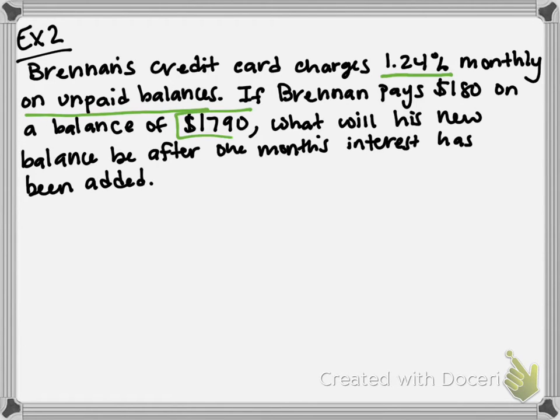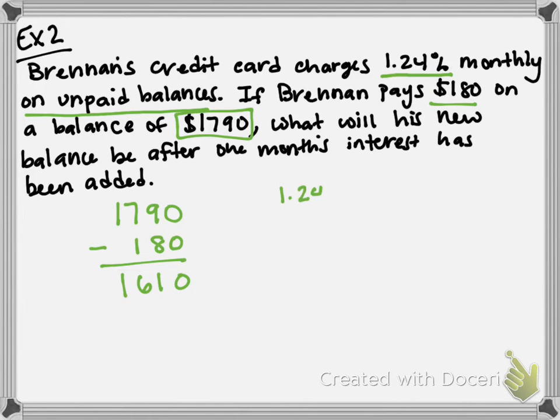So here was his balance, but he paid $180 of that. So how do we figure out his unpaid balance with $1,790 and $180? We're going to subtract them. So his unpaid balance is $1,610.